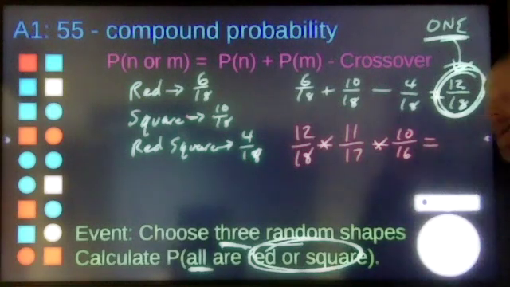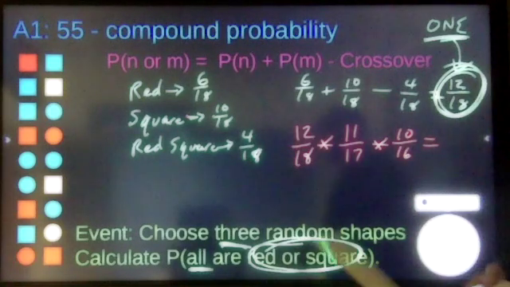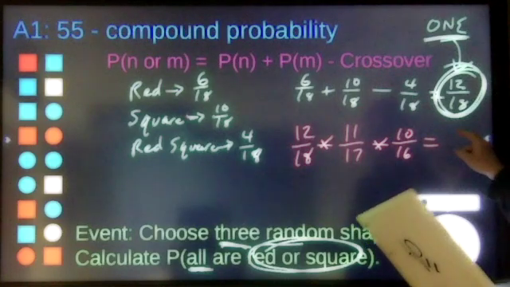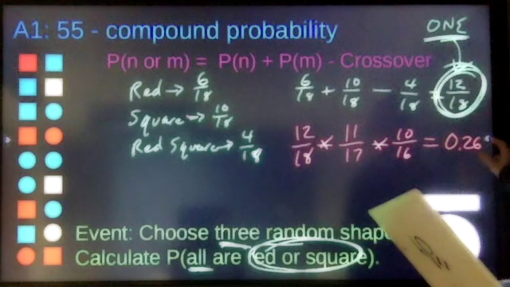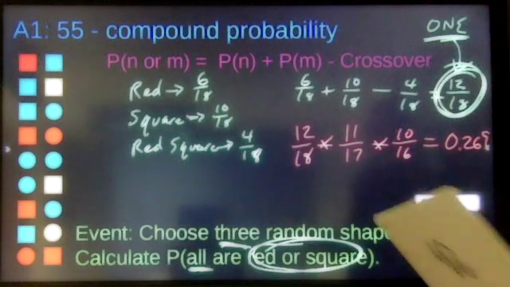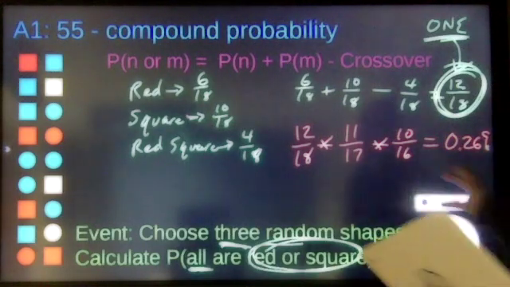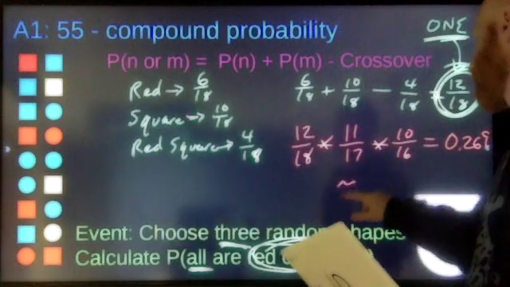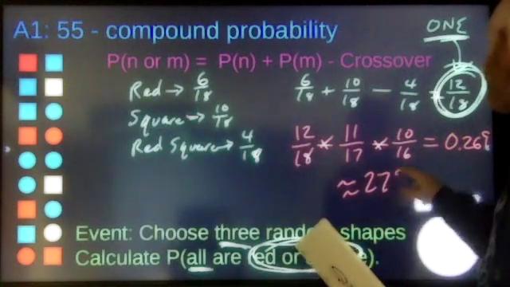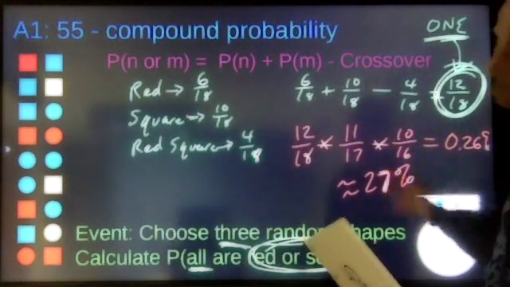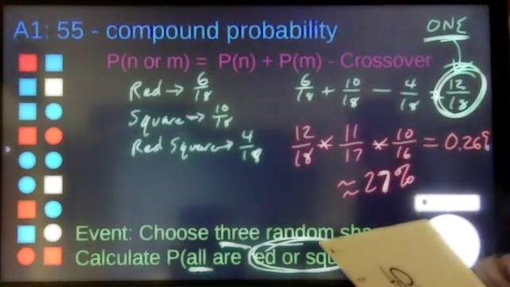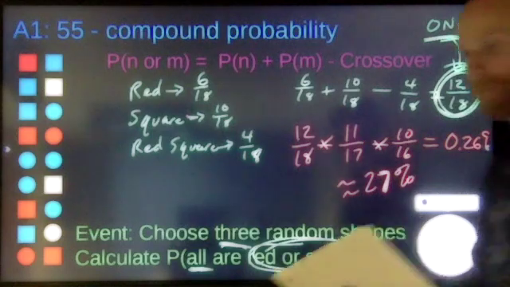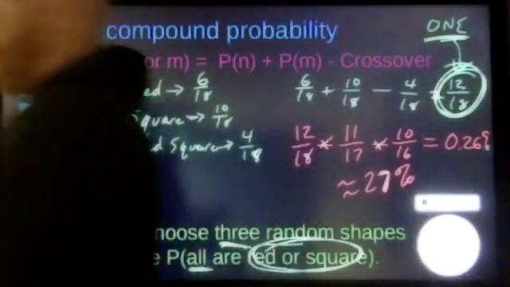And I would get my answer. All right, we got 0.269 approximately, so approximately a 27% chance that all 3 of them will be either red or square.